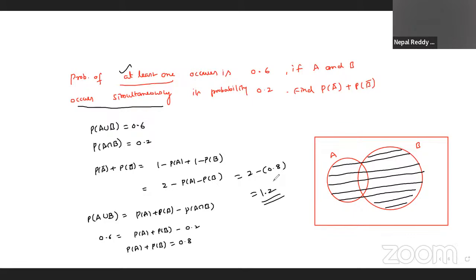Next, we'll discuss conditional probability. Suppose the probability of occurrence of A when the event B has already occurred, that is known as conditional probability. Nothing but some condition is given.